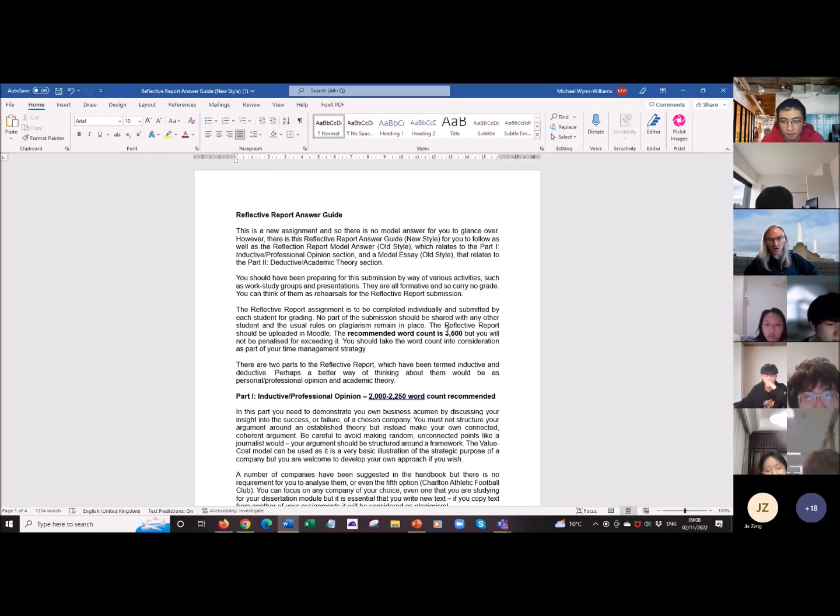So you can go over this by as much as you want and you will not be penalized. However, it is there as a guide to the amount of work you need to put in. So if you've done 6,000 words and you've got another assignment to do, I strongly suggest that you move on to the other assignment. If you've done 2,000 words, then it's probably an indication that you need to do some more work.